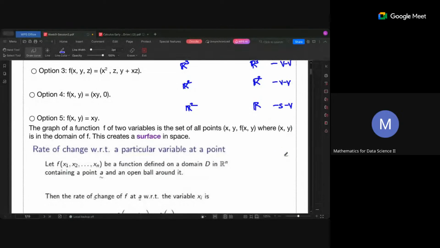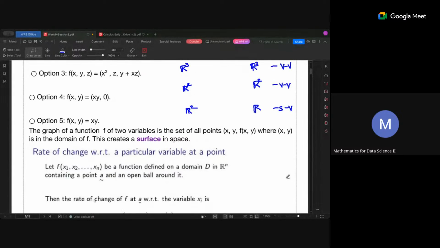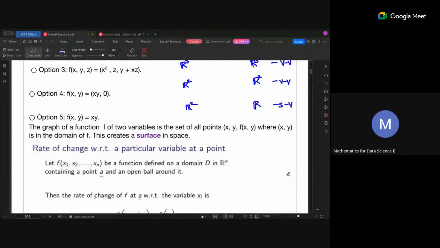Remember, whenever we look at graphs in 2D, whatever we have seen are functions of one variable. For functions of one variable, what does it mean by the graph of f?